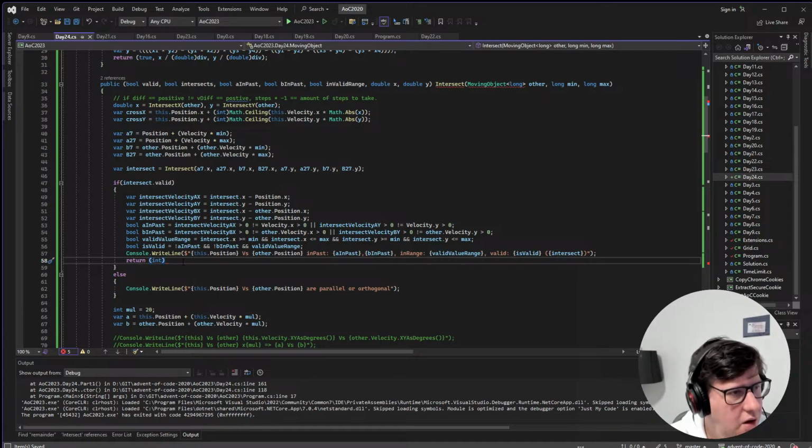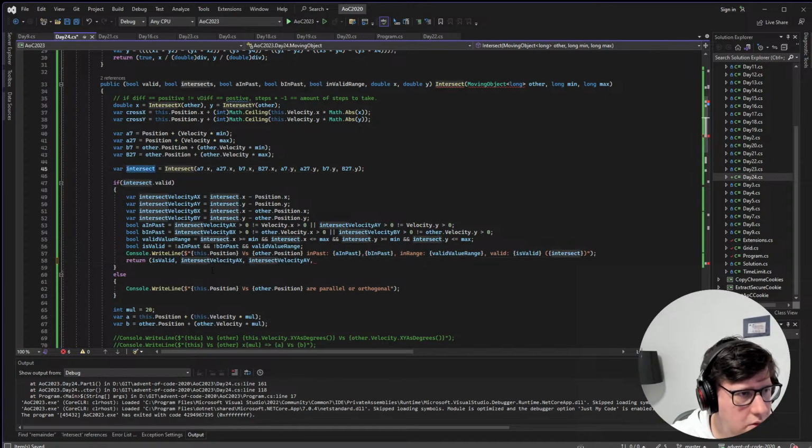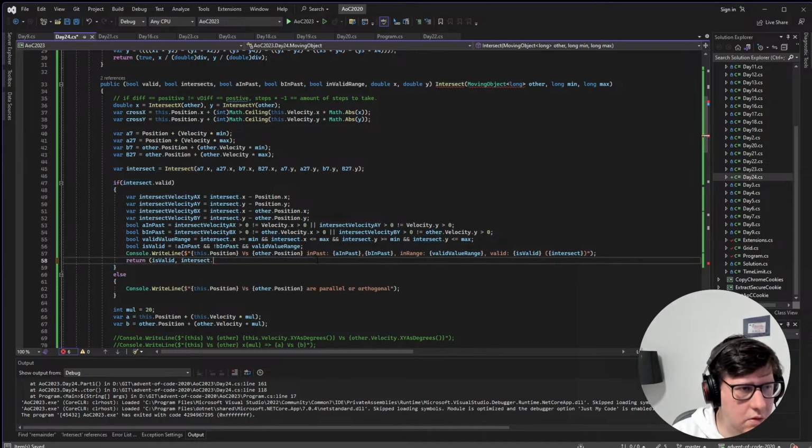Let's see. This one would be is valid, then intersect dot valid. Why does this not do anything?